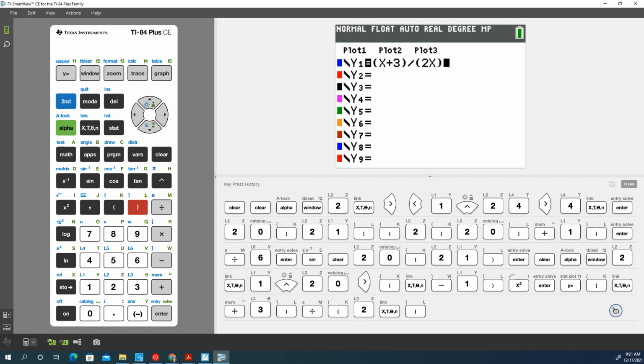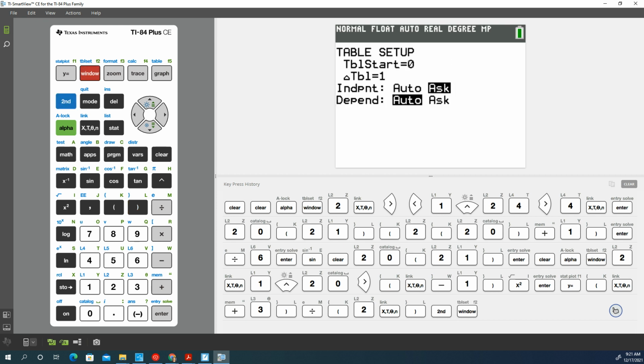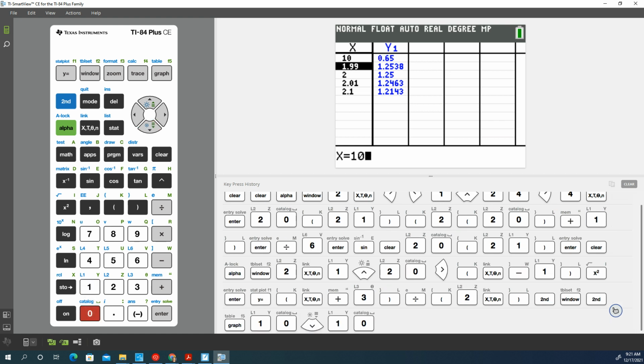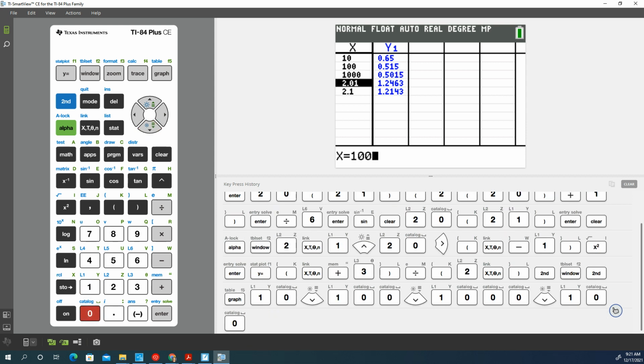Okay. So if you hit table setting, which is second window, make sure your independent is on ask. And then you can go to your table. And we're going to do for 10, 100, 1,000, 10,000.